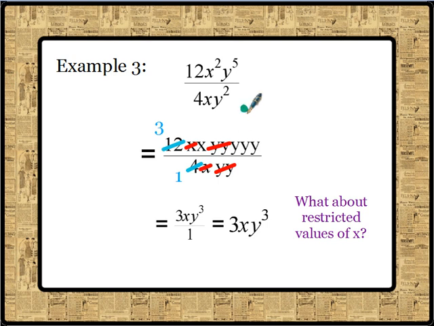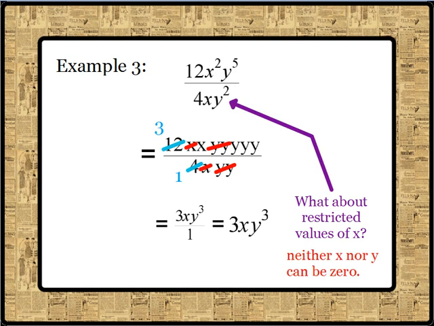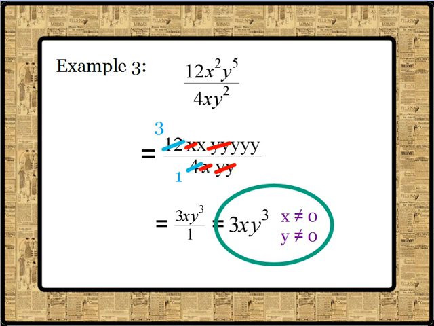Well, multiplying by 0 would make anything be 0. So x and y can't be 0. Neither of them can be 0. So I'm going to put a restriction for both. x can't be 0 and y can't be 0, so that all of my fractions don't become undefined.